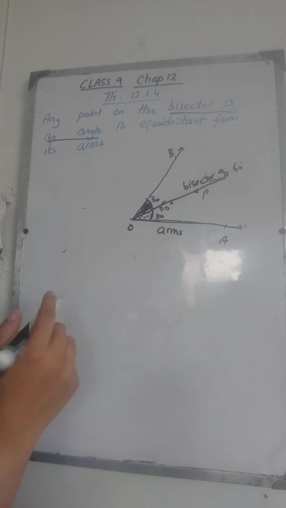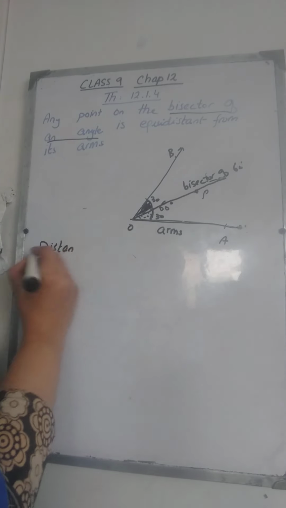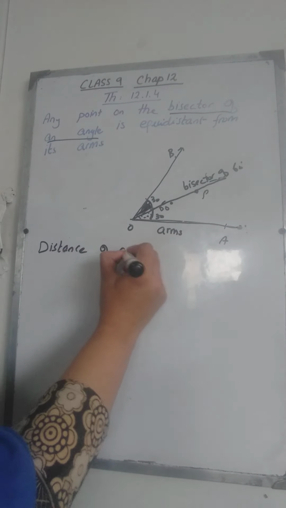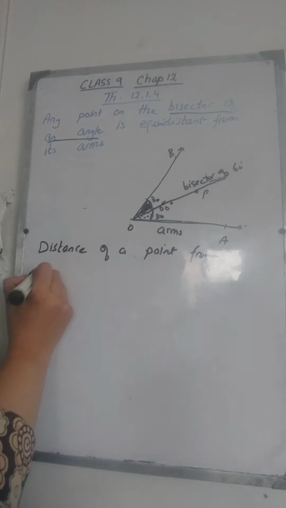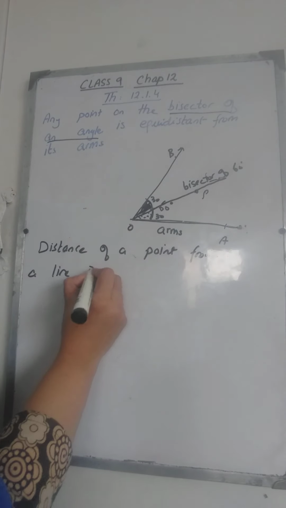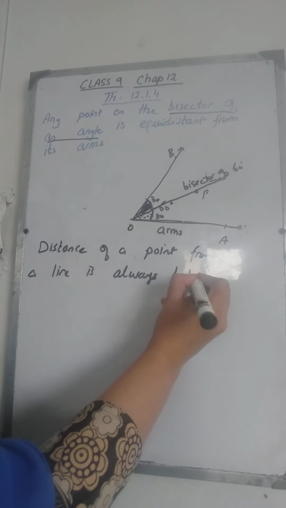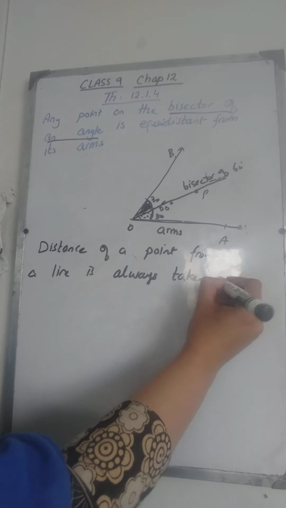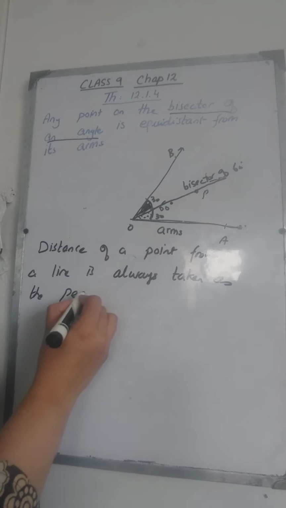Always remember that the distance of a point from a line is always taken as the perpendicular one.